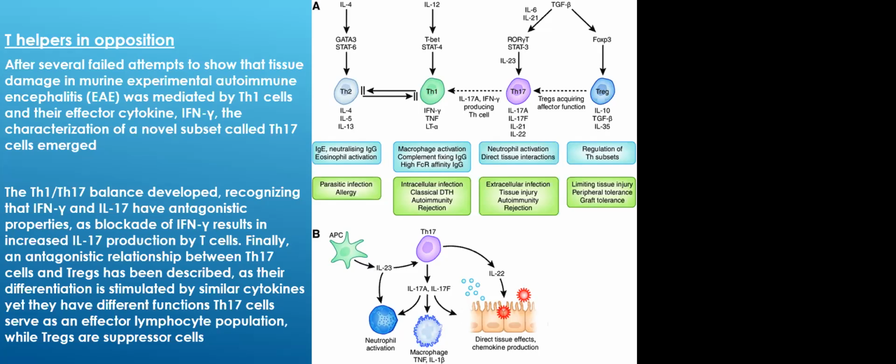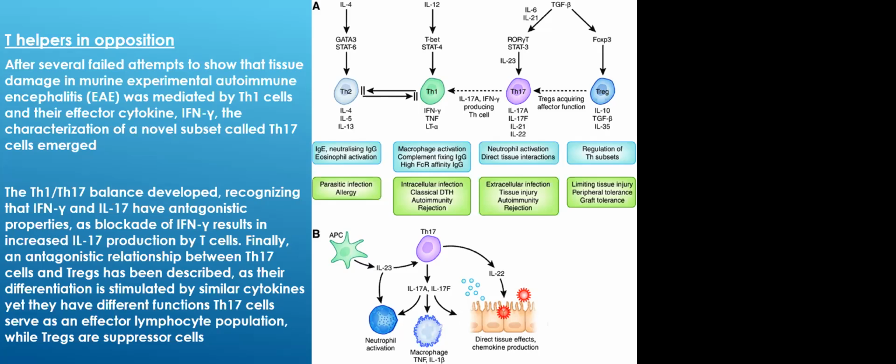Yes, the Th1 cytokines inhibit the Th17, and the Th17 cytokines inhibit the Th1. So there is a balance between Th1 and Th17: interferon gamma and interleukin-17 have antagonistic properties. Th1 secretes interferon gamma, which inhibits Th17 development, and Th17, when they secrete interleukin-17, inhibits Th1.